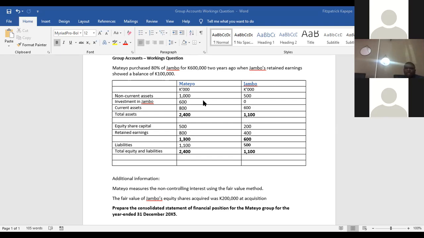When put at acquisition, there was no difference, so it's the same.